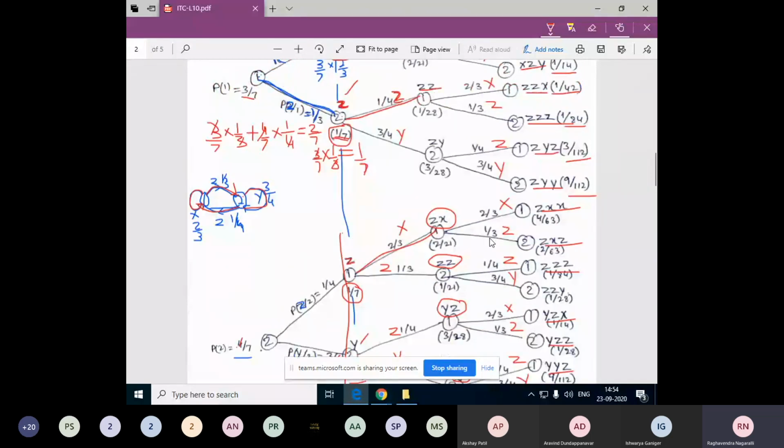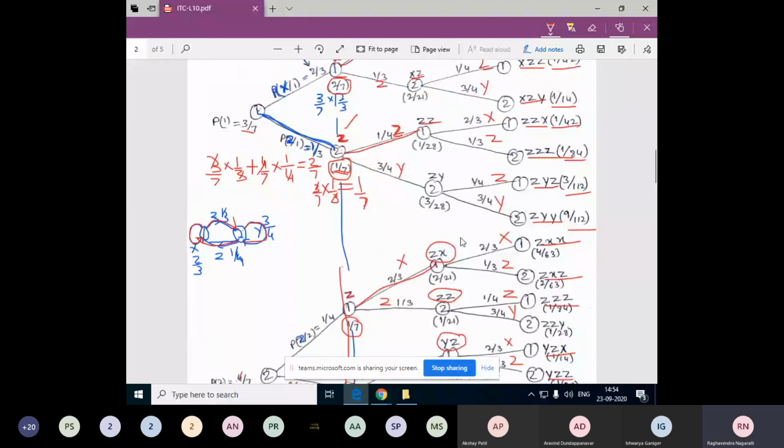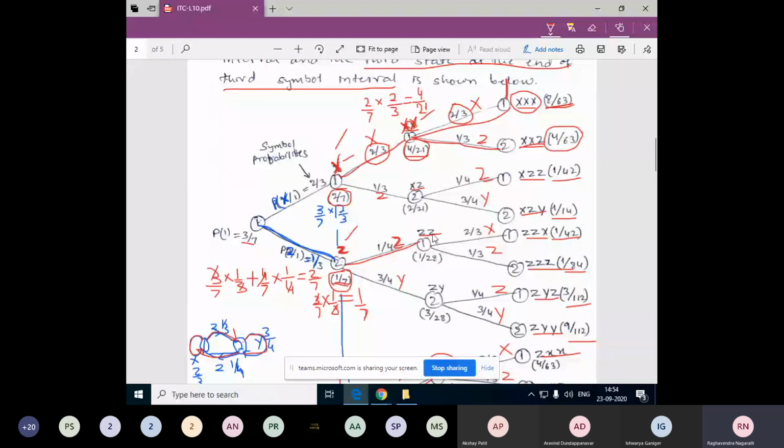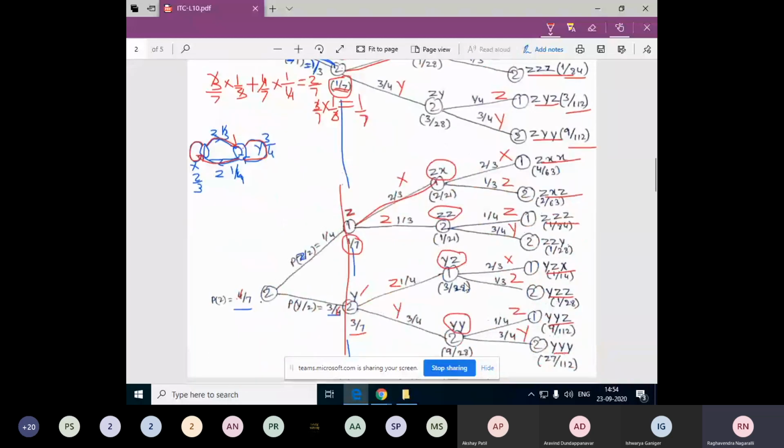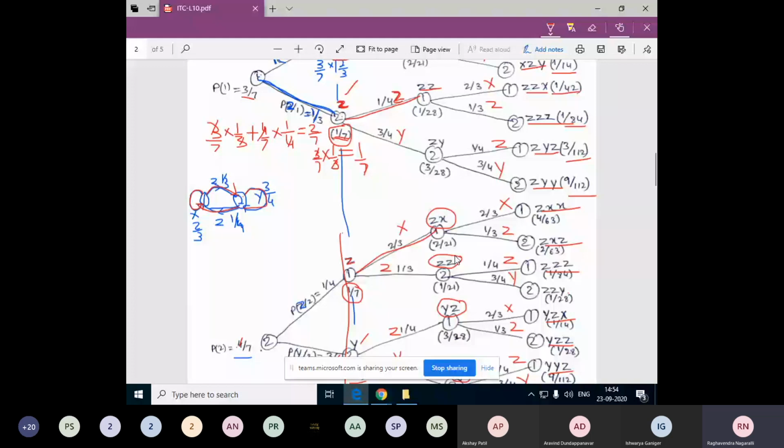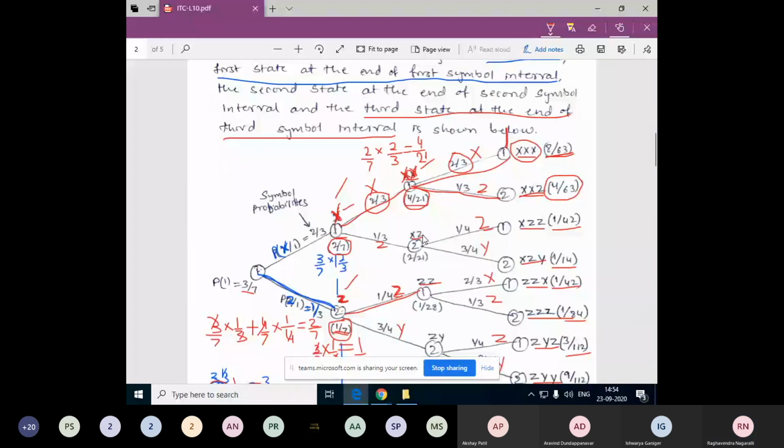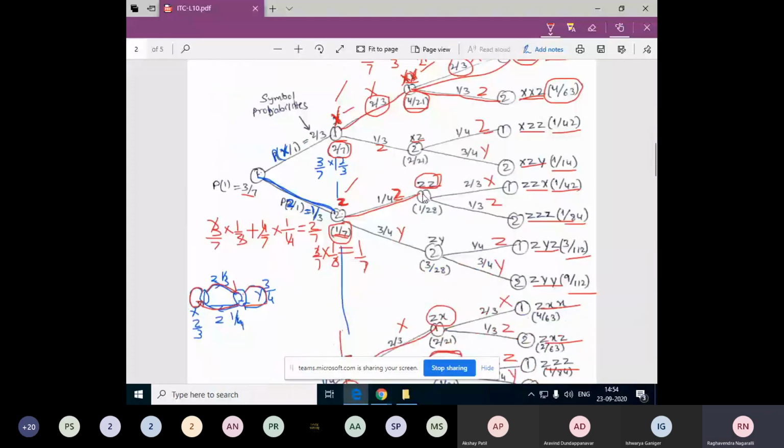Any symbol repeated here? Here we have one ZZ and we have one more ZZ. So the ZZ symbol is repeated 2 times.